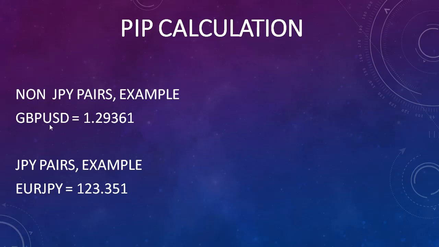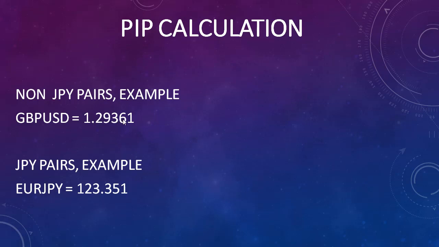For example, let's say you have GBPUSD equal to 1.29361. What this means in forex is 1 GBP is equal to 1.29361 US dollars. Your PIP calculation starts from the 4th number after the decimal point.